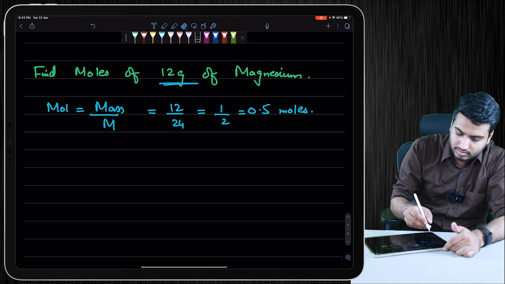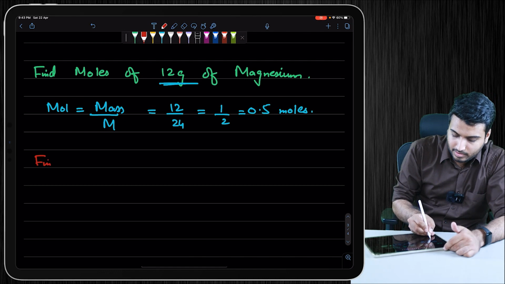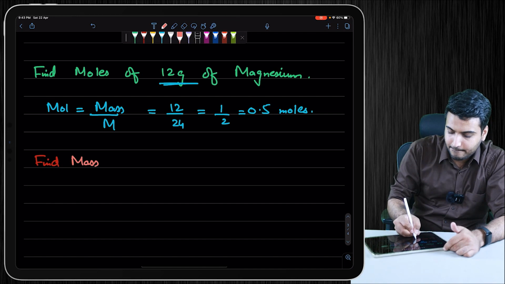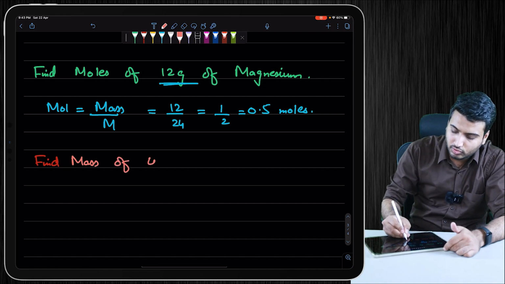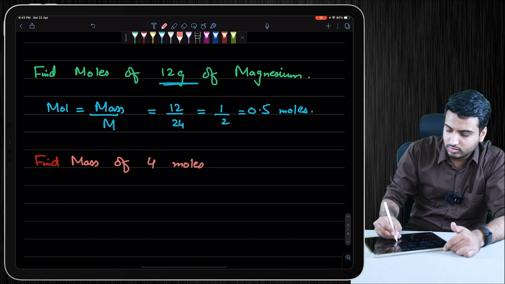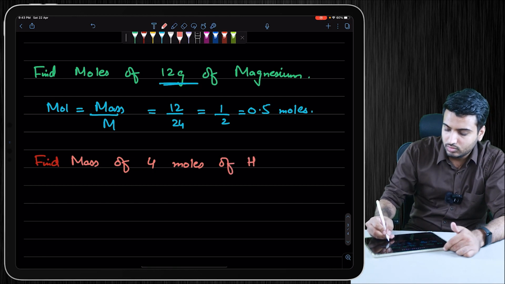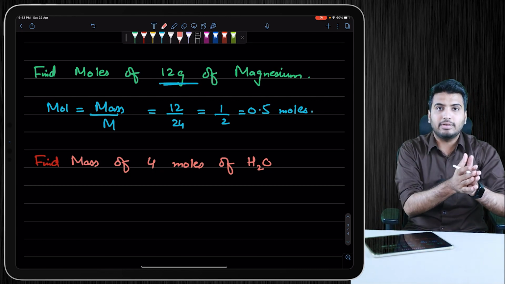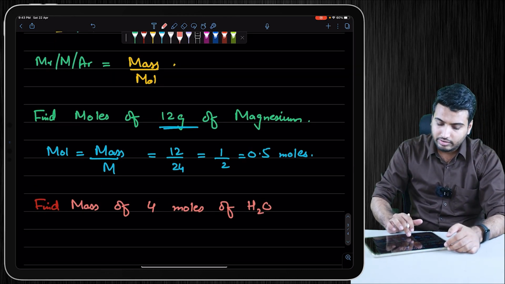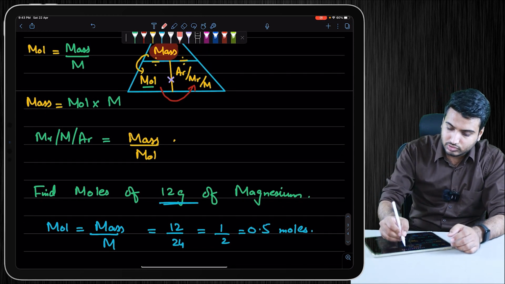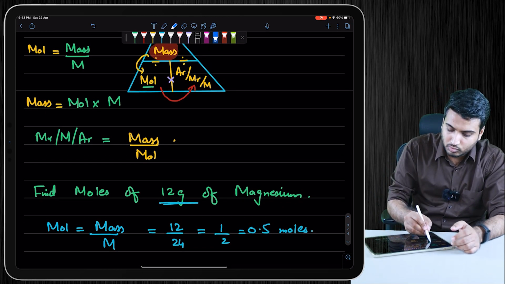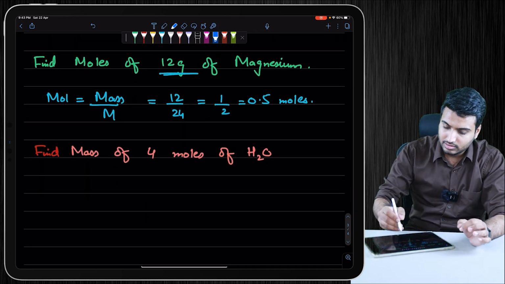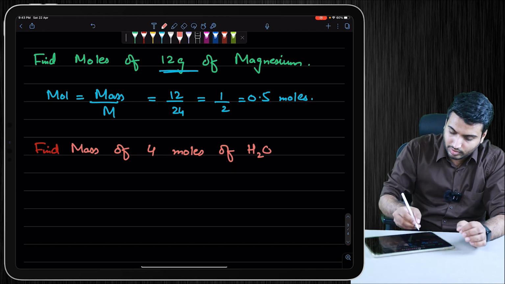Alright, so further we have: find the mass of 4 moles of water. Now we need to find mass, so which formula do we use? Mass is equal to moles times molar mass.